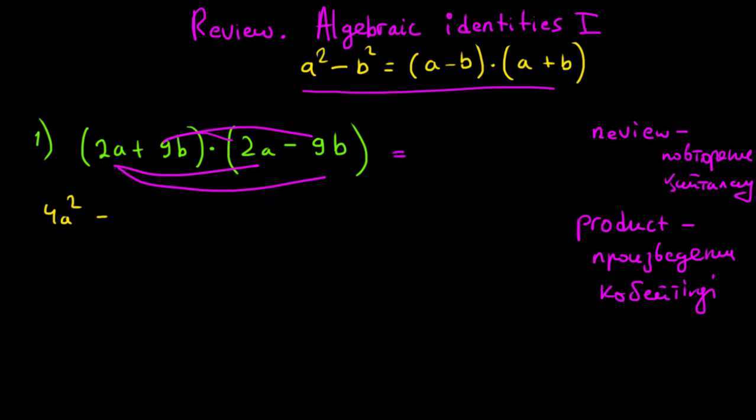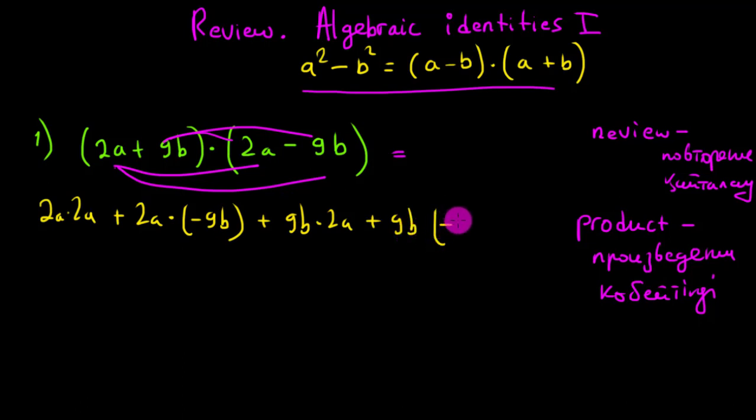Okay, let me write this a bit clearer: 2a times 2a, then 2a times minus 9b, then 9b times 2a, and then 9b times minus 9b.